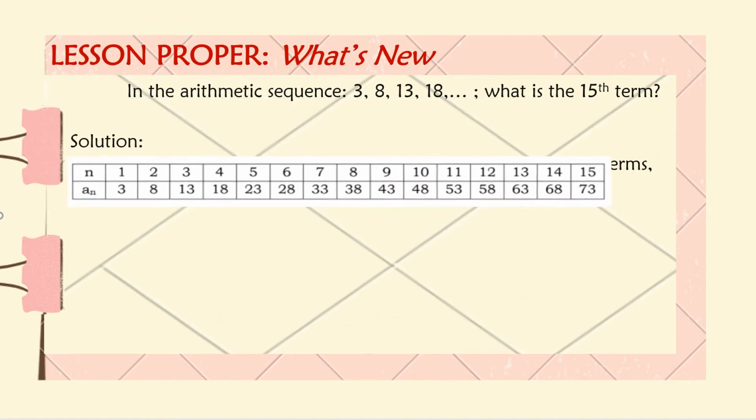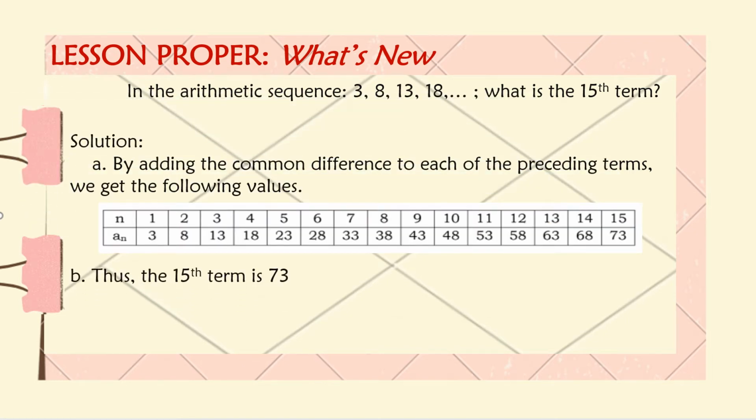Let's look at the table. Our n is 1, 2, 3, 4, 5, 6, 7, 8, 9, 10, 11, 12, 13, 14, and 15, because we are looking for the 15th term.